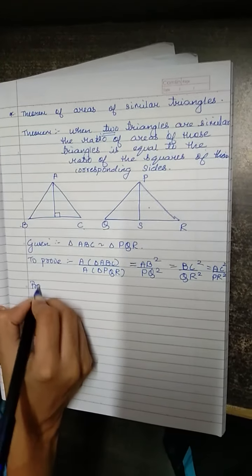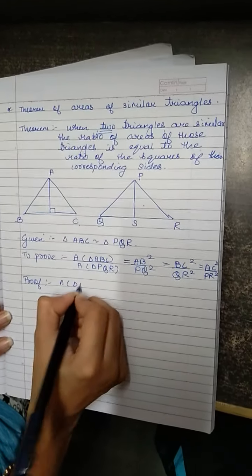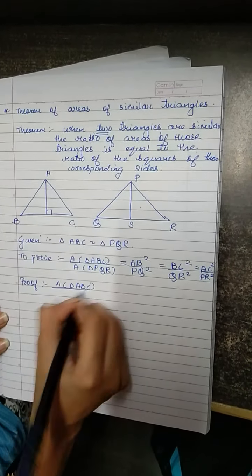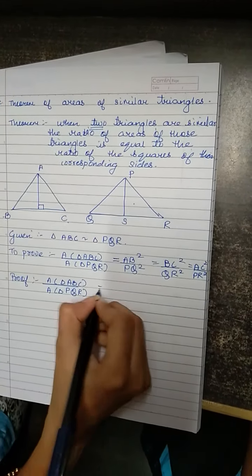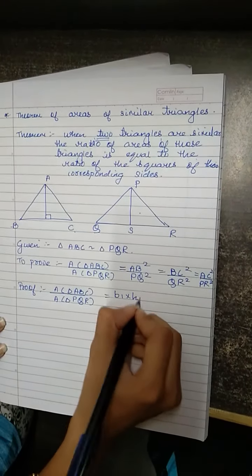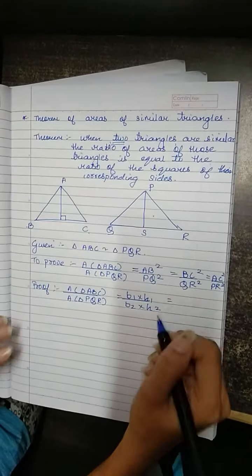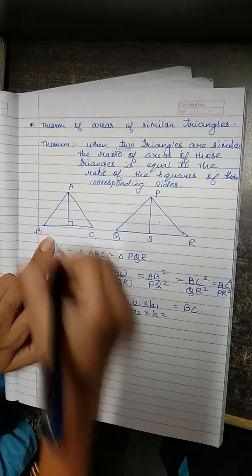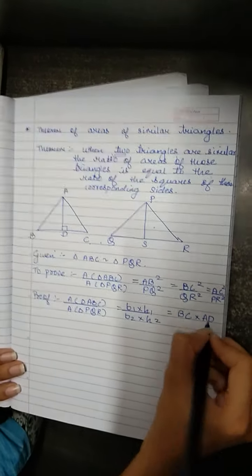Now proof part. Area of triangle ABC upon area of triangle PQR. Formula is B1 into H1, B2 into H2. Now base over here is BC. Base is BC, height is AD.